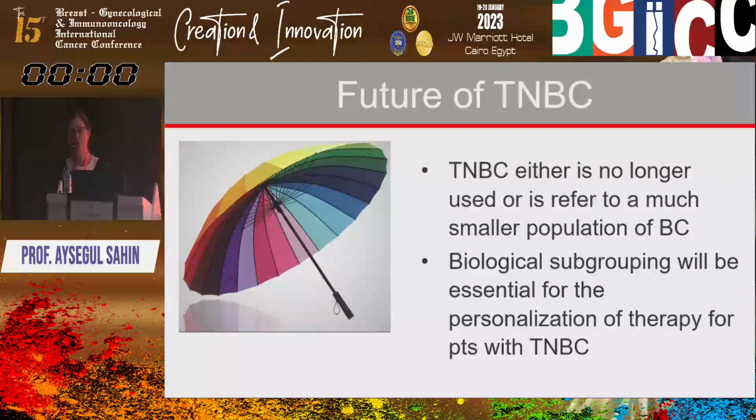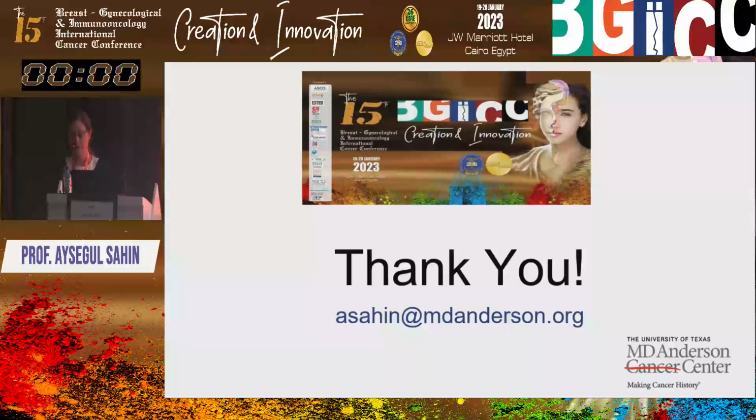So in terms of future directions, probably triple-negative breast carcinoma is either no longer used or is referred to a much smaller population of breast carcinoma, and biological subgrouping will be essential for the personalization of the therapy of patients. Thank you very much for your attention.